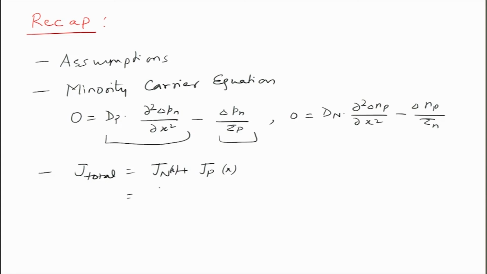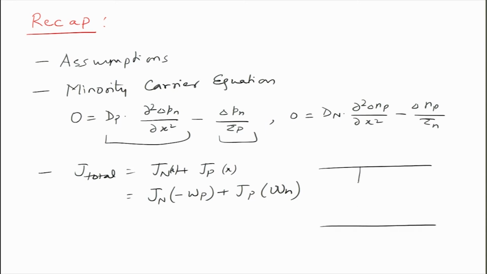What basically it meant was that this is identical to saying that the current you have at minus Wp plus Jp at Wn also makes up this relation. As we saw, if you have this as a depletion region, the total current goes like this, and similarly on this side the total current goes like this.